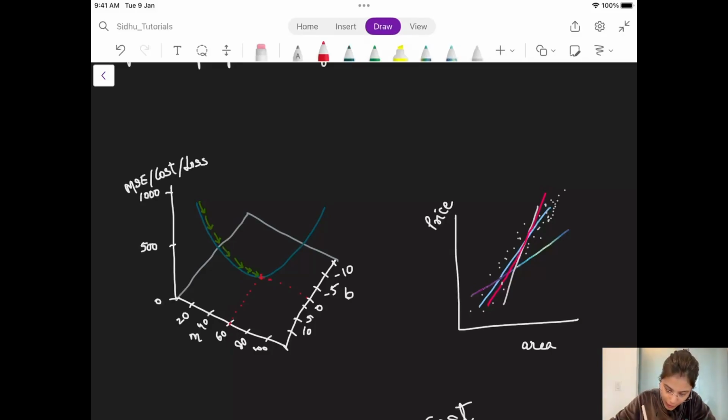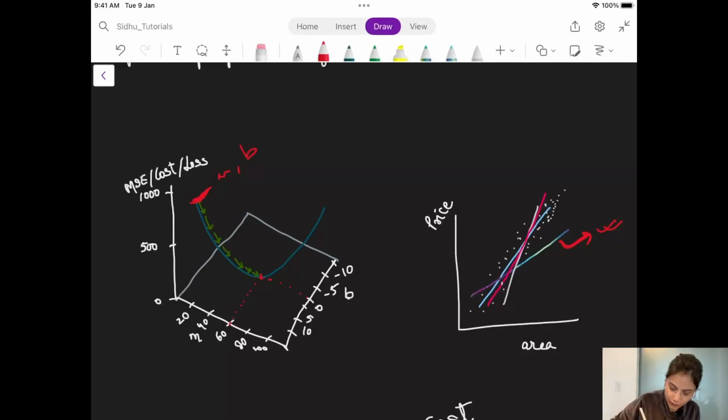So we will be starting with some value of m and some value of b where the MSE value is the highest, and let's say for this combination of m and b, our best fit line would be this straight line.